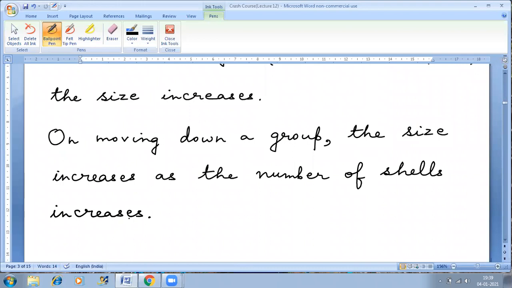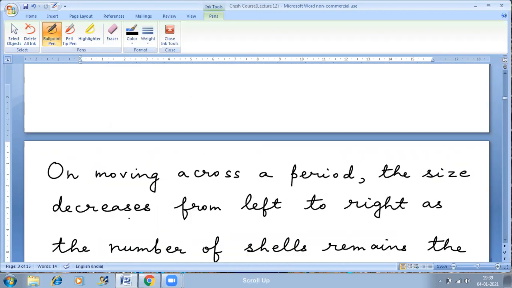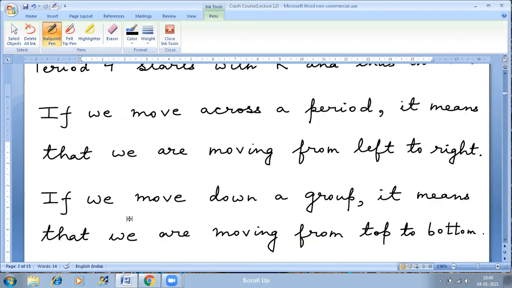As I said, more the number of shells, more is the size. So this is an important parameter. So we have discussed size.